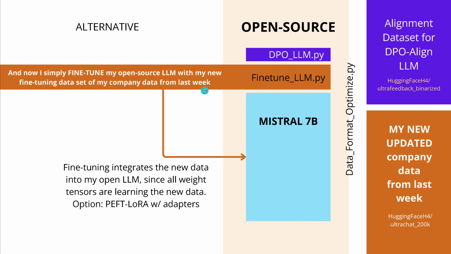So all the new add-on knowledge you put in a layer above the, let's say, pre-trained LLM, or maybe above the fine-tuned LLM. And in this layer you now have all your new data from the update of your data. And this layer has now learned all the weight tensors on the new knowledge from the data. And this is what we call it if you operate with a PEFT LoRA adapter.